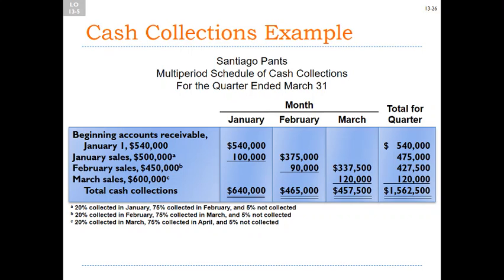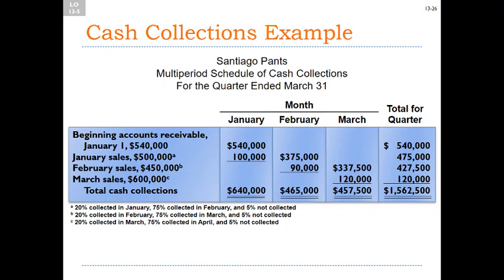They add that to the February sales that they expect to collect in March. So you come up with 457,500 collected in March. So they've got a total cash collections of 1,562,500.